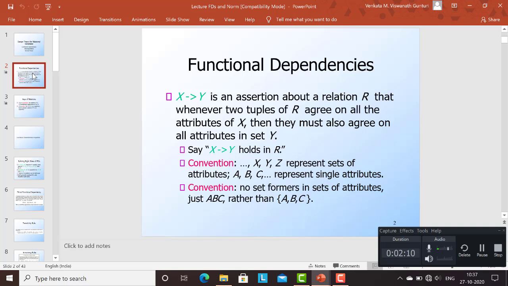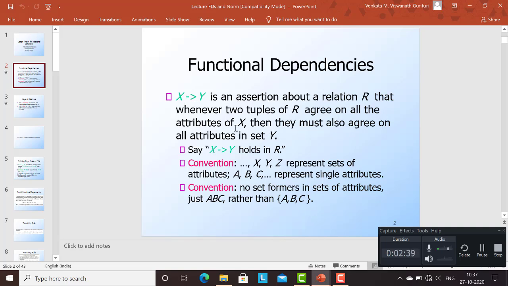What is a functional dependency? A functional dependency is any assertion like X implies Y that holds on your relation, right? It basically means that whenever I say X implies Y, on my relation R, whenever two tuples agree on all the attributes of X, then they must also agree on all the attributes of Y, right?